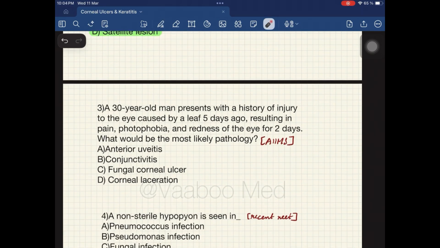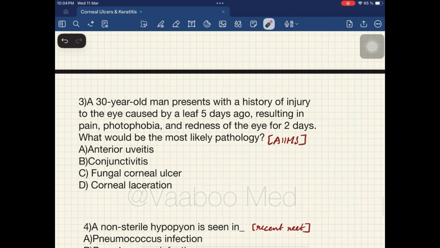Let's go to the next question. It's kind of a big question, but it's actually easy. A 30-year-old man presents with a history of injury in the eye caused by a leaf 5 days ago, resulting in pain, photophobia, and redness in the eye for 2 days. What would be the most likely pathology?